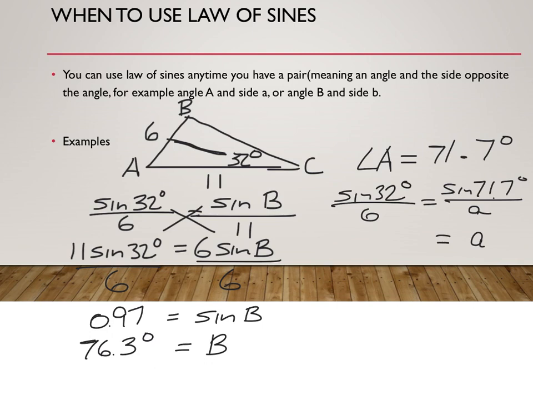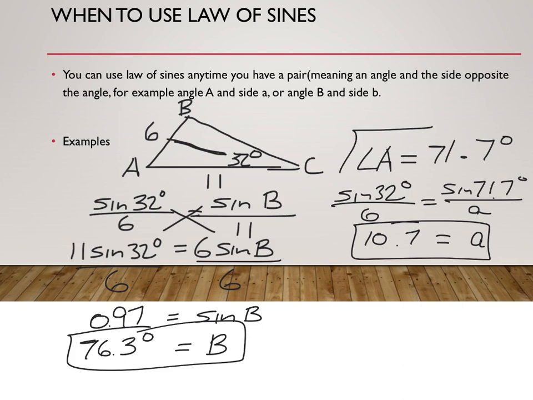And I would get side A to be about 10.7. So in this particular problem I found angle B, I found angle A, and I found side A. Now you always want to take a few moments and make sure that the largest angle is opposite the largest side, which it is, and the smallest angle is opposite the smallest, and the middle angle is opposite the middle side, which it is.